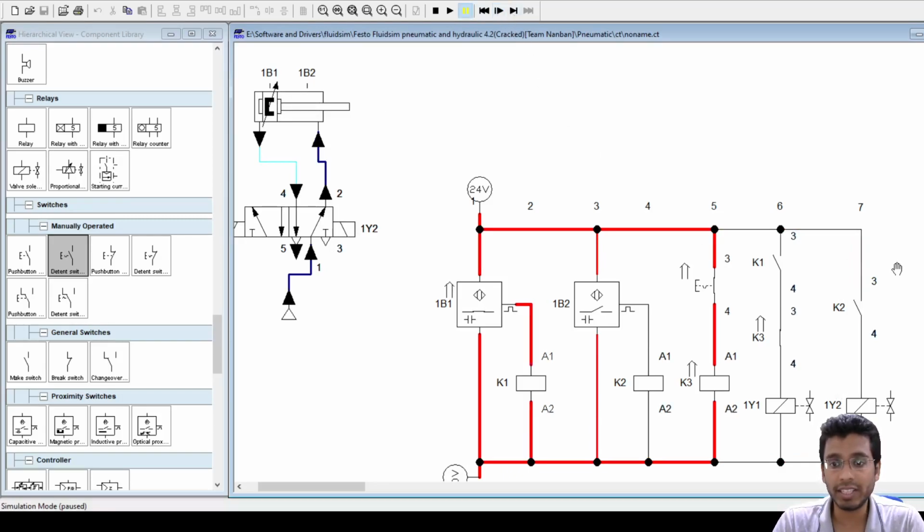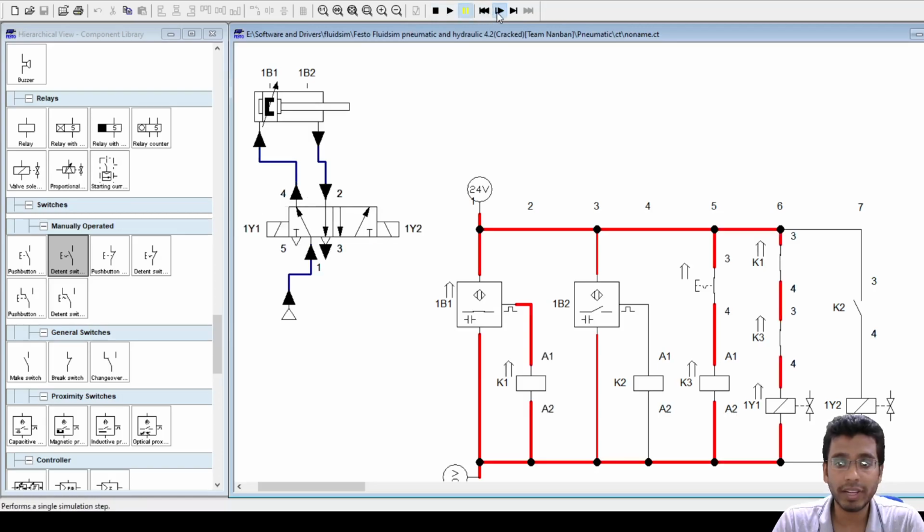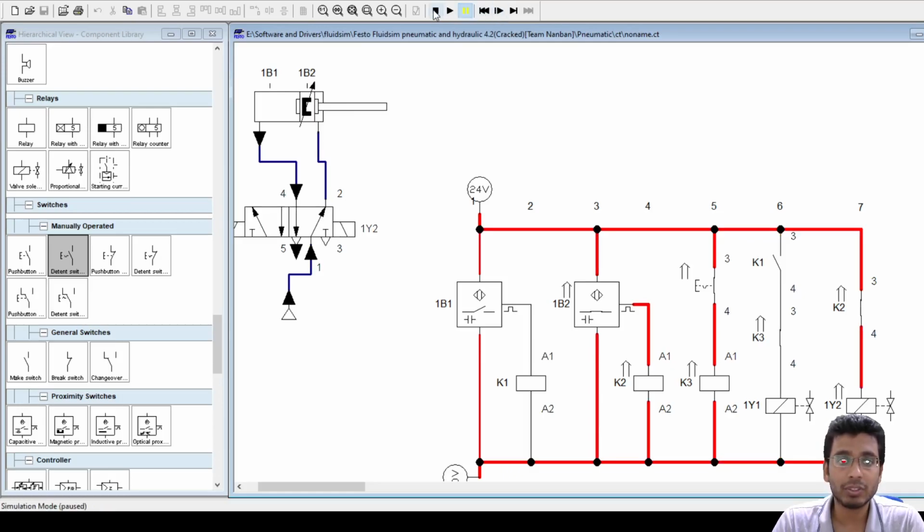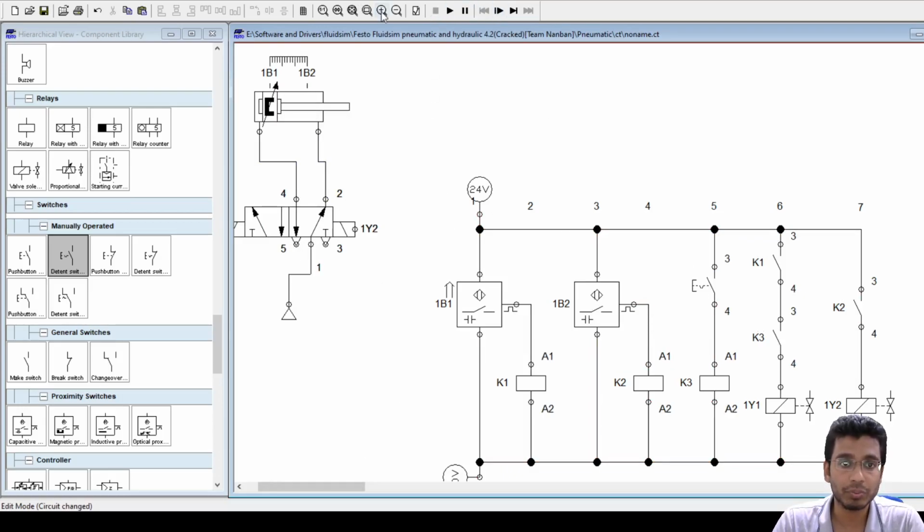Now see, when it has retracted back, since this is your detent switch, it will remain closed. The moment it has retracted back, again your K3 will get closed, and again it will result in the extension of the cylinder, and so this motion will continue.